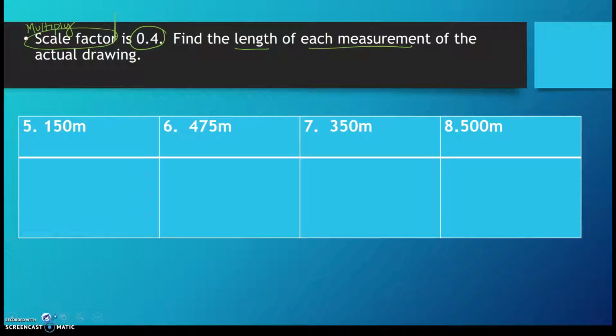Literally all I'm going to do is take my scale factor and multiply it by the length. So for number 5, 150 meters times 0.4: 5 times 4 is 20, 4, 5, 6, 1. So 60 meters. That's it. Scale factor means to multiply. So finish those 3 up, press pause, and then we'll move on.